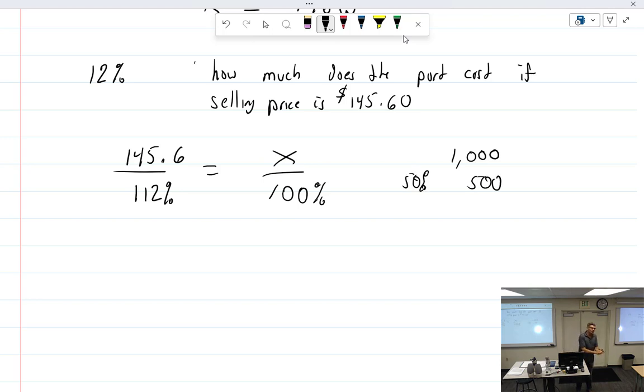But good news, the very next day the stock market went right back up 50%. So now how much money do you have? $750. Gotta love it. You see, that's percentage. It went down 50%. 50% of 1,000 is 500. So you lost 500, so now you have 500. But it went back up 50%, and 50% of 500 is 250. So you only gained 250.